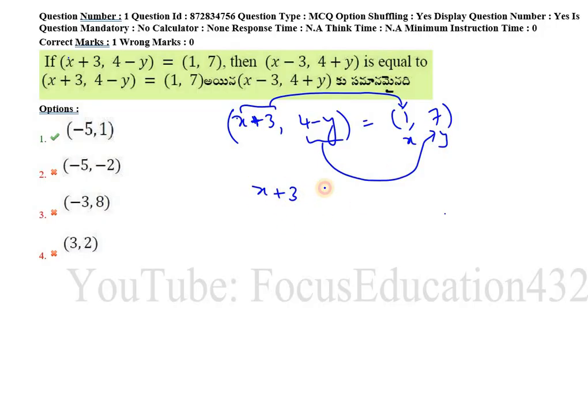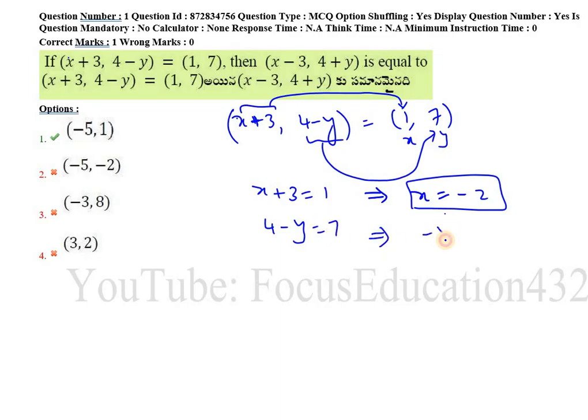So if x plus 3 is equal to 1, what will be the value of x? 1 minus 3, that is minus 2. This is the value of x. Similarly, if 4 minus y is equal to 7, that means minus y is equal to how much?